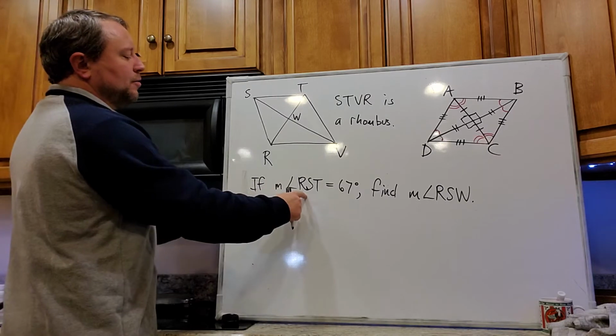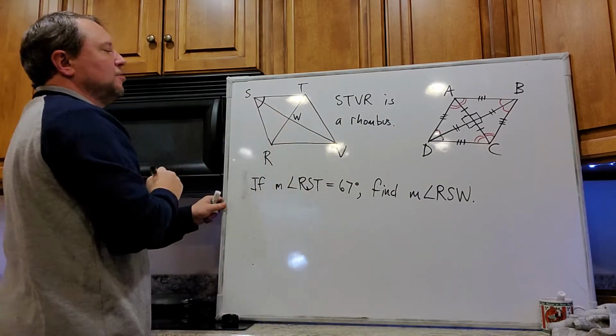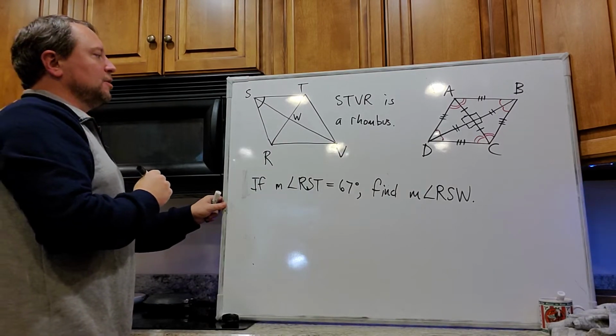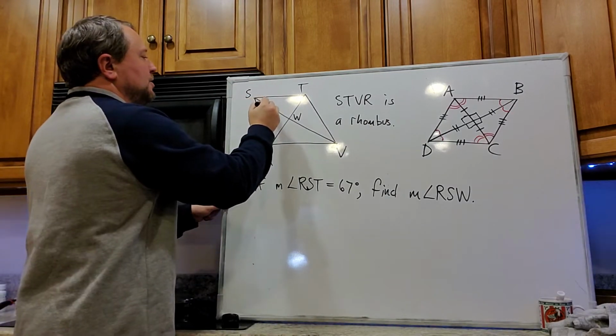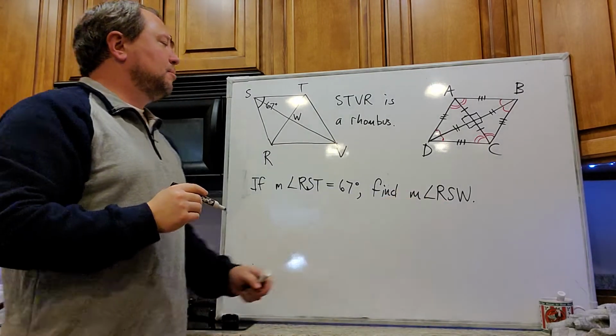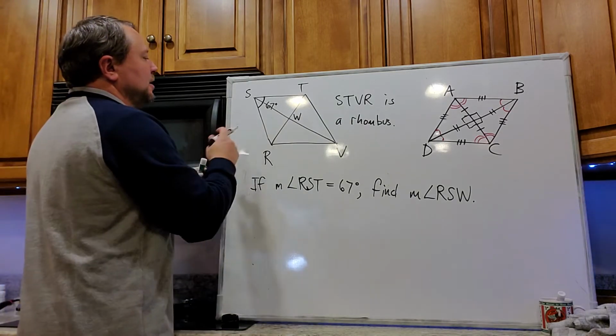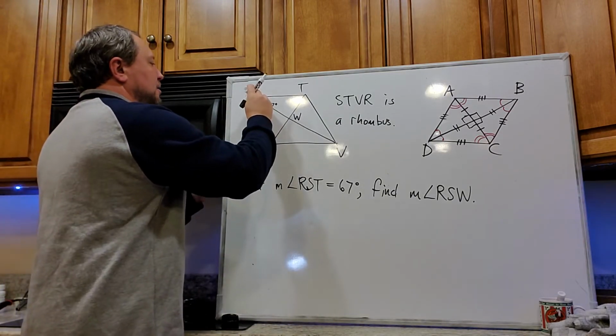The original angle given, RST, is this overall angle there. I'm telling you that overall angle is 67 degrees. And the angle I want to find, RSW, as you can see, is only this part.